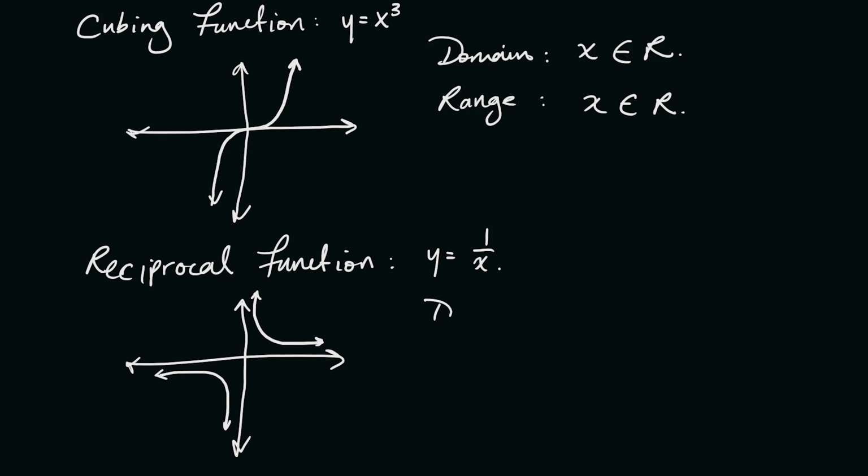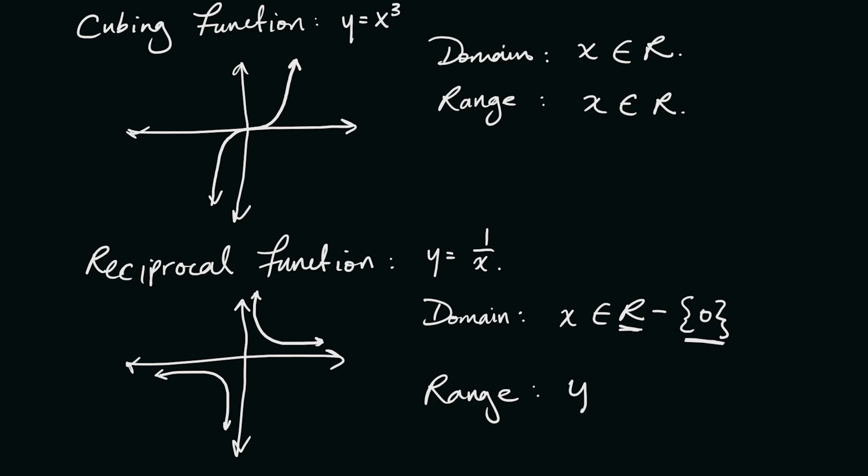So now our domain here is x is an element of all real numbers except for 0, because at 0 there's a vertical asymptote at x equals 0. So we can just write it as all real numbers minus the set of 0. And for the range, you might have also guessed it, it also has a horizontal asymptote of 0. So y is an element of all real numbers minus the set of 0.